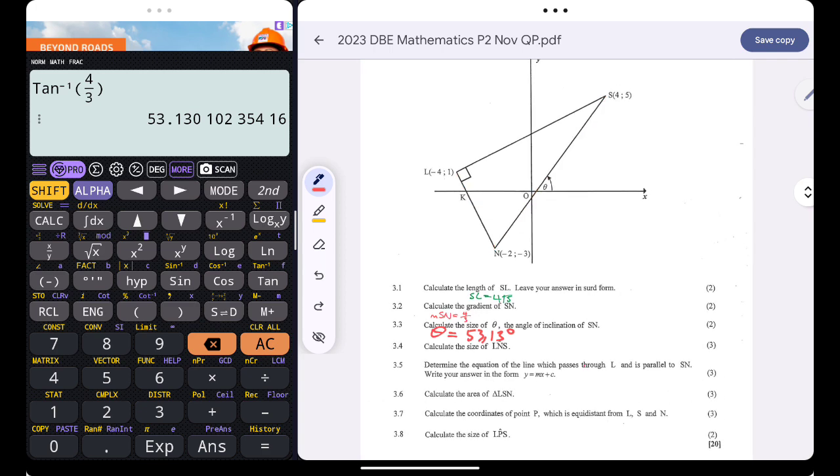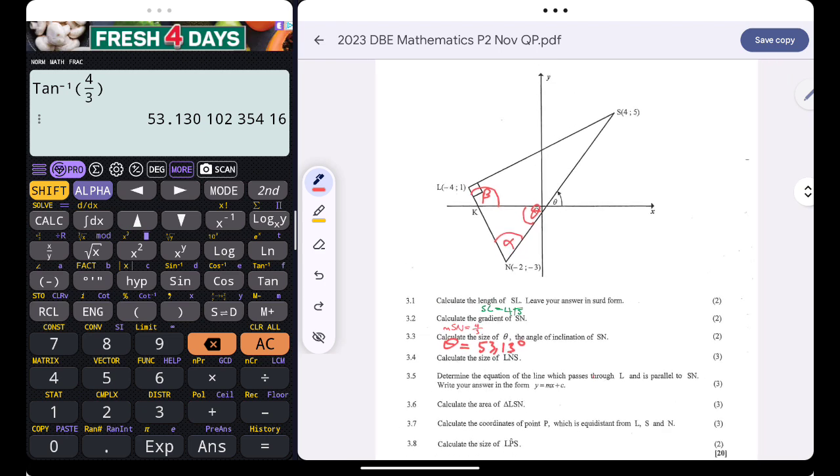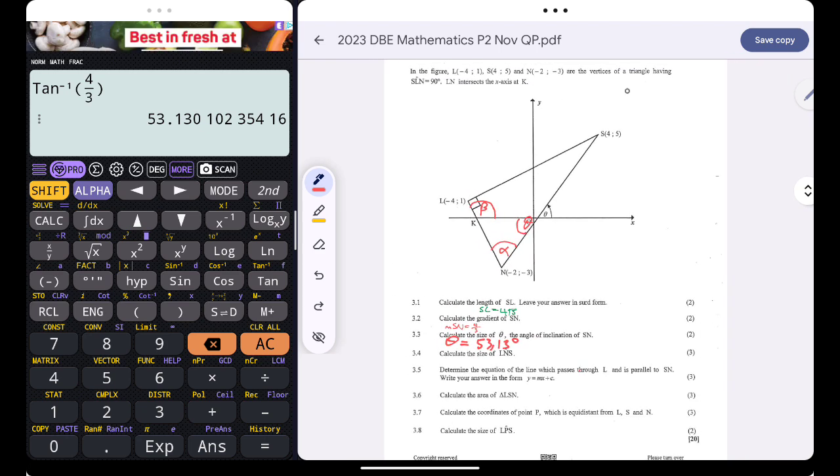If you want to be technical about it, the angle of inclination for line LN will be this one, and this angle is equal to beta. And then here we have vertically opposite angles, so I also have a theta there. If you call this one alpha, the angle in between, I know that theta plus alpha should always give me beta. Why?